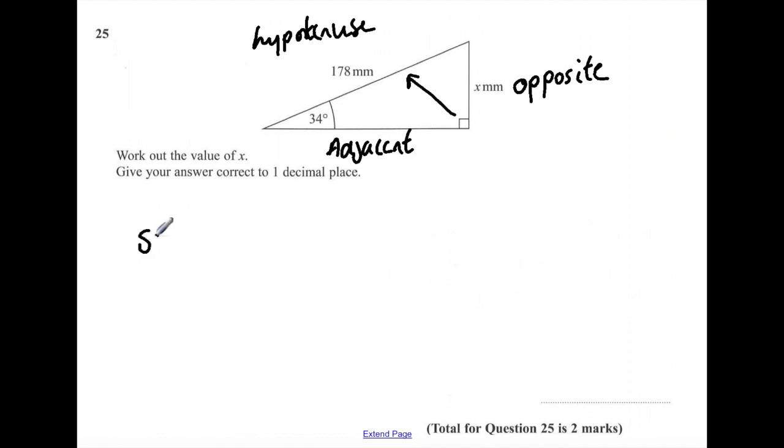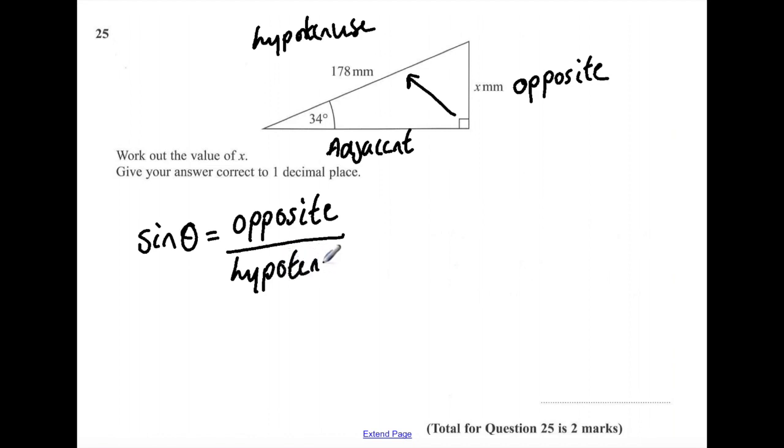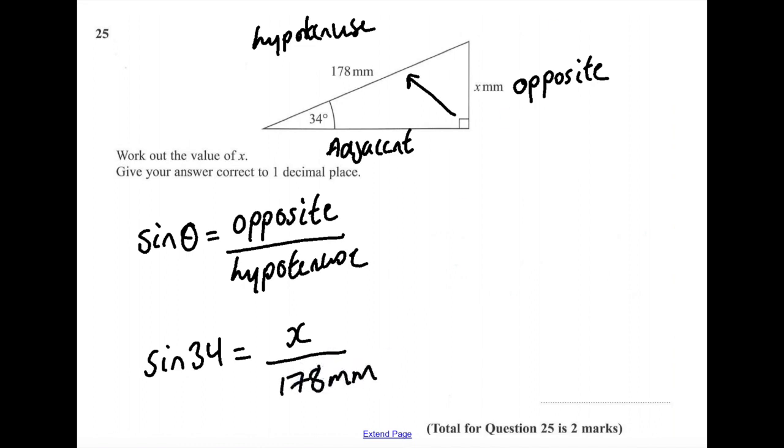So sine theta is equal to the opposite divided by the hypotenuse. Now all I'm going to do is plug in the information given to us in this question into this equation. So we have sine 34 equals x over 178 millimeters.